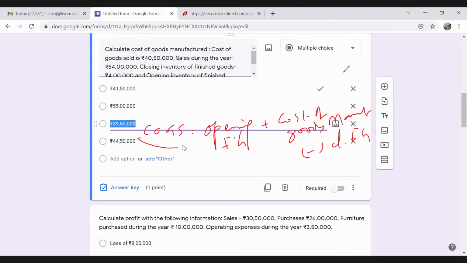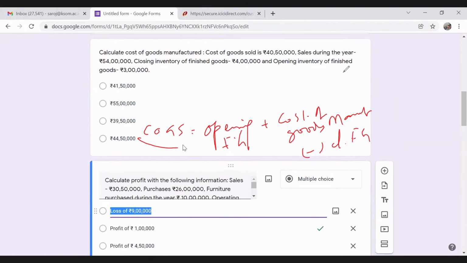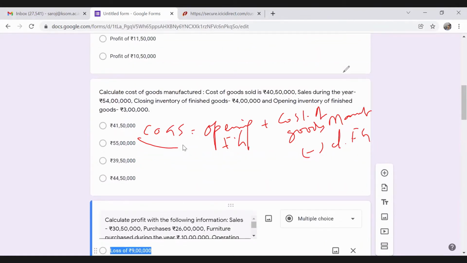So here in this question, we have sales 54 lakhs. We don't need sales. We need cost of goods sold, which is 40,50,000. Opening finished goods, 3 lakhs.